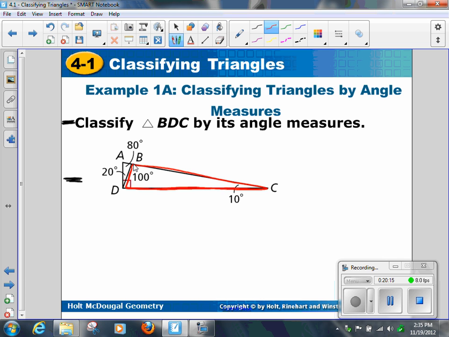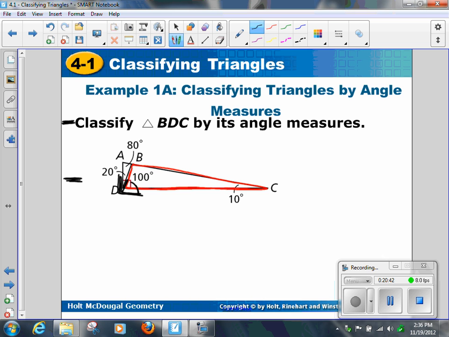I had to color in or highlight what I'm looking for, right? I have to do that. And you guys see it, and I do it, and I don't even realize what I'm doing. But look at what we have. We got a 90-degree angle right here. How do I know that's a 90-degree angle? Because there's a box. And there's this little tiny piece right here that's 20 degrees.